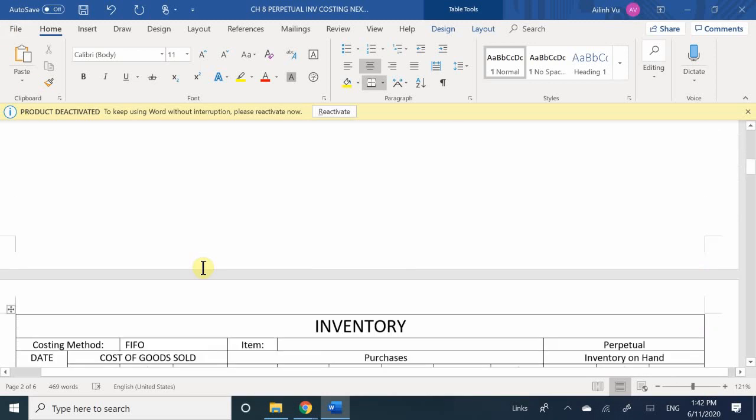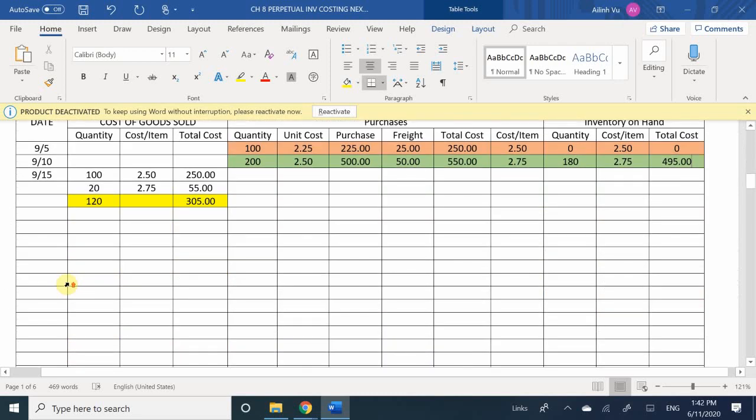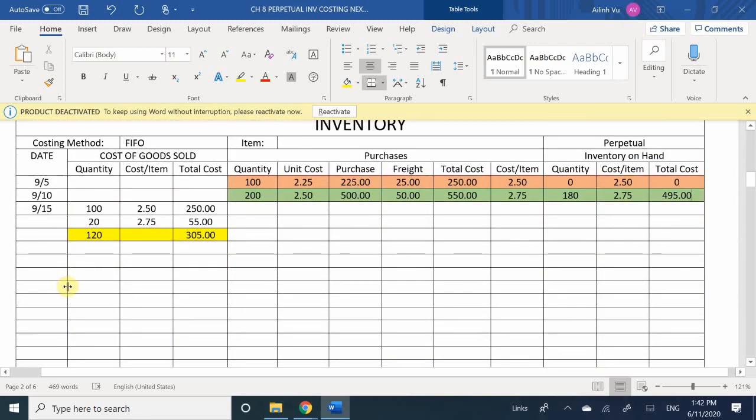Okay. So, what happened in the next scenario? On September 18, you sold 50 units. We sold 50 more units, okay? So just looking at our inventory, we only have one batch left.